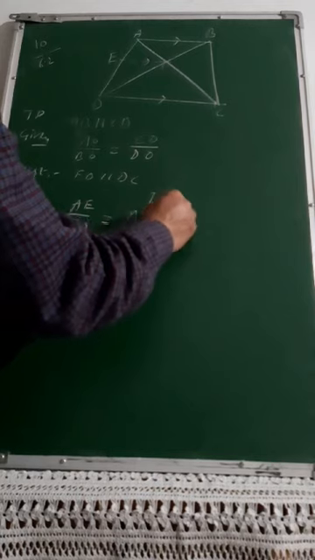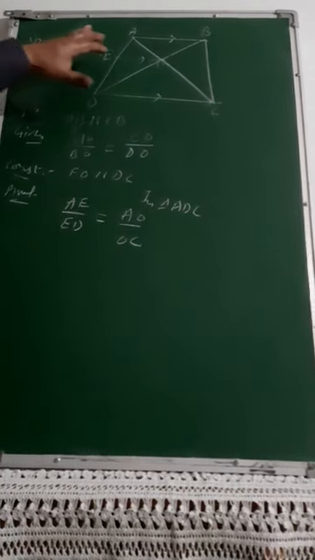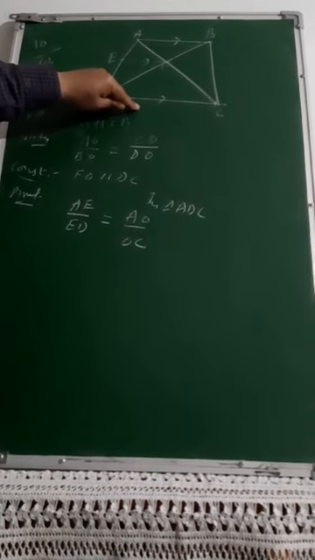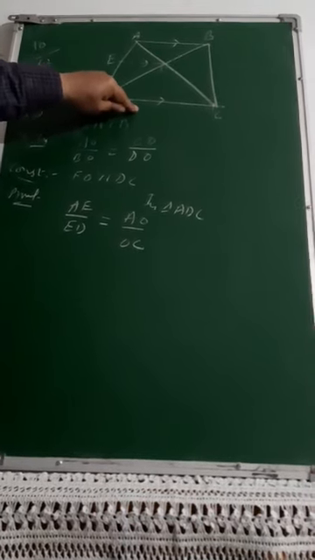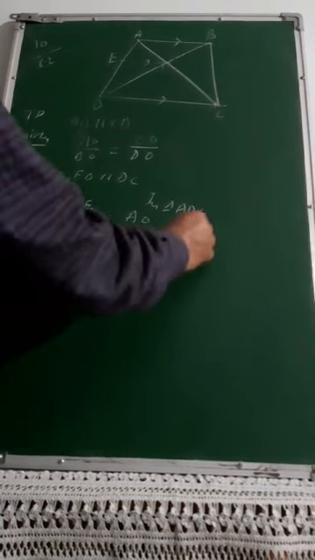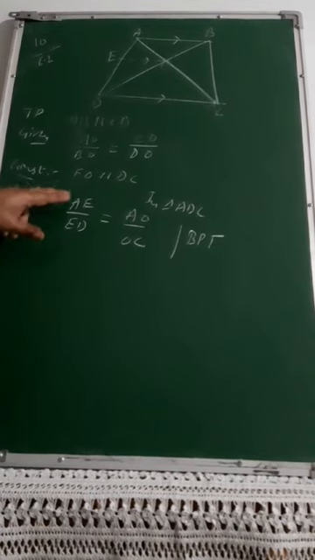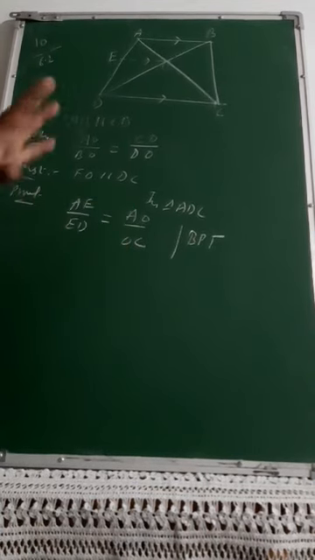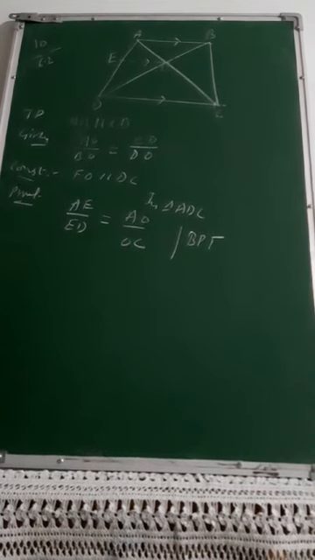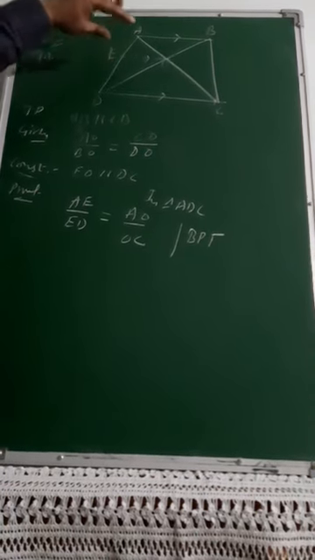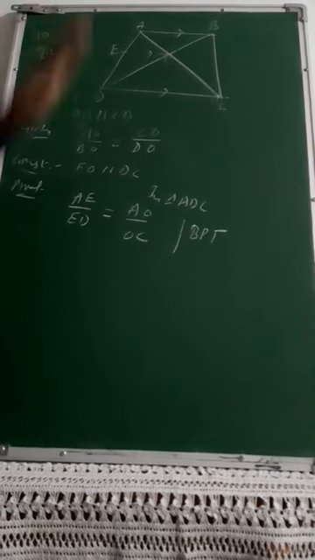This is in triangle ADC. And as I did the construction, EO is parallel to CD. So I have applied the basic proportionality theorem there, and I will be getting AE upon ED is equal to AO upon OC. Now my target is to prove that CD is parallel to AB.